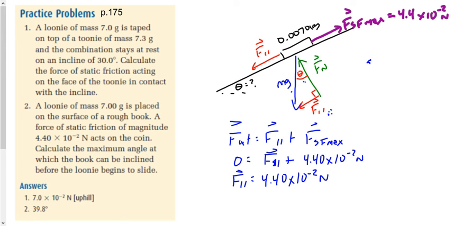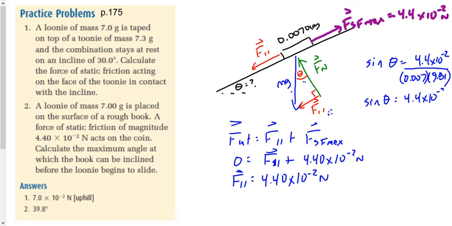use the same equation, sine theta is equal to opposite over the hypotenuse, which is m times g, 0.007 times 9.81. So let's say sine theta is equal to 4.4 times 10 to the negative 2. What's that number on the bottom there, Kelsey? Do you have that? 0.0686. 6867.